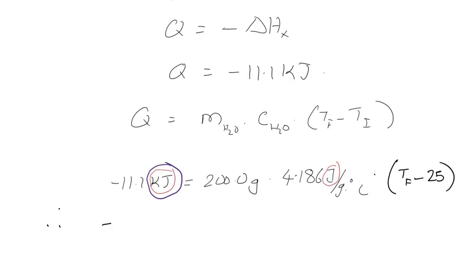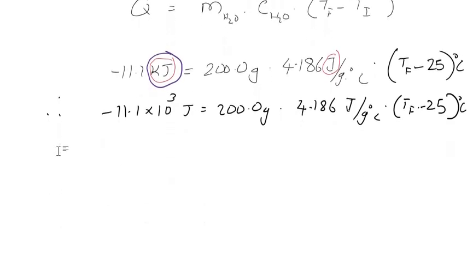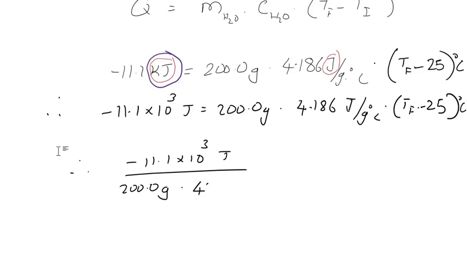So therefore we'll say this is negative 11.1 into 10 raised to 3 joules, equal to 200 grams, 4.186 joule over gram degree Celsius, into Tf minus 25, which is in degree Celsius. So now we need to solve this equation.